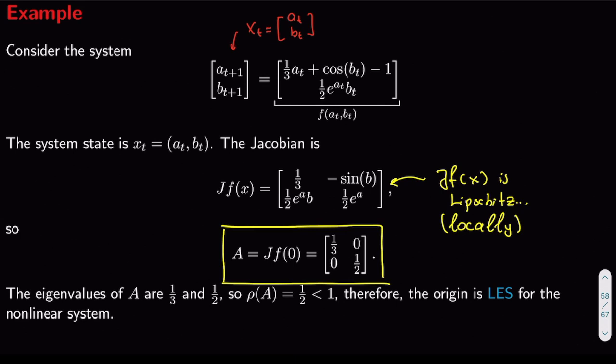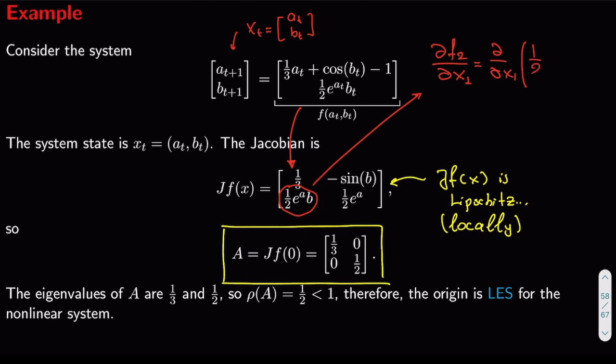I didn't dwell too much on how to determine the Jacobian of this function, but I believe it's quite straightforward. So you have this function f. Let me show you, for example, this one over here. So this element is the partial derivative of f2 with respect to x1, which is the derivative with respect to x1 of what?